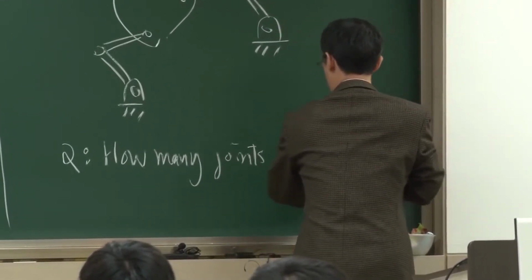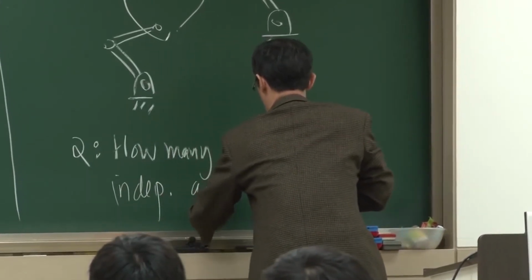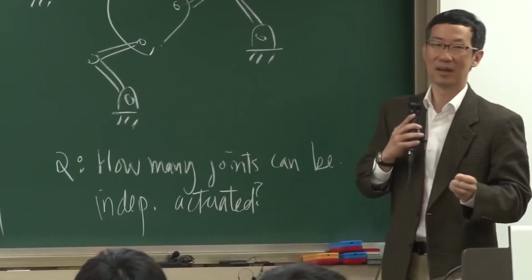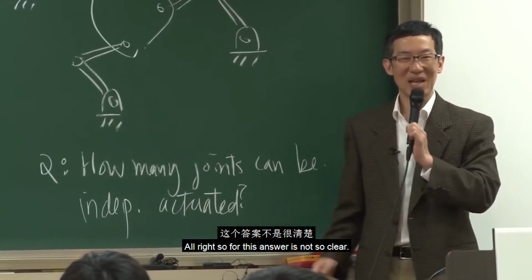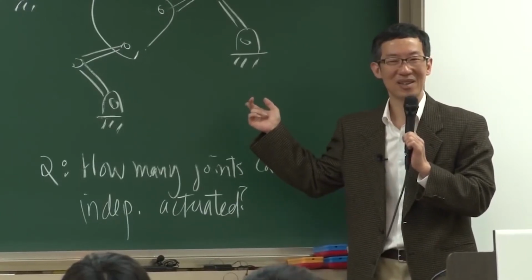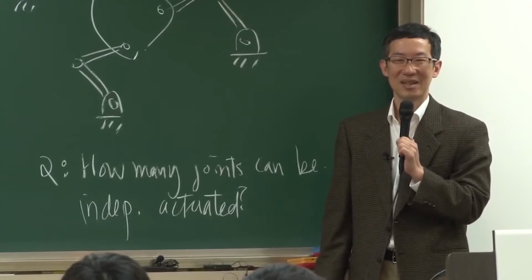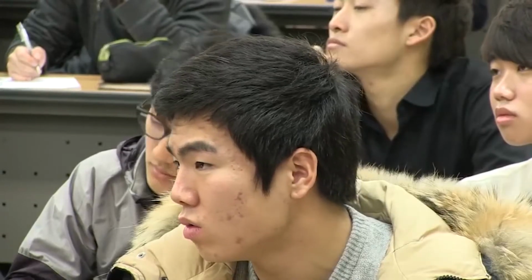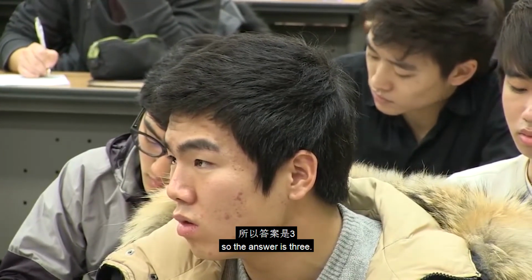For this, the answer is not so clear. You have to think about it. Anybody want to take a guess? Well, if you guess, it would just be a lucky guess. So the answer is 3.